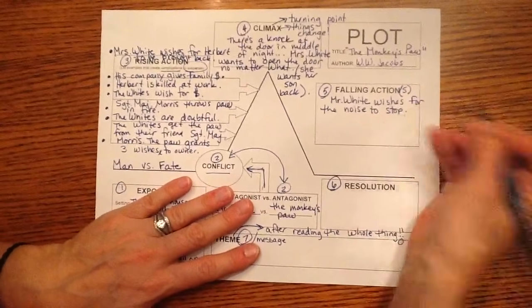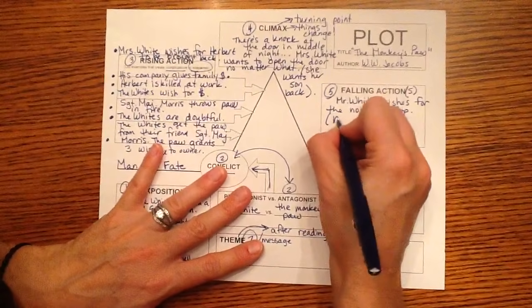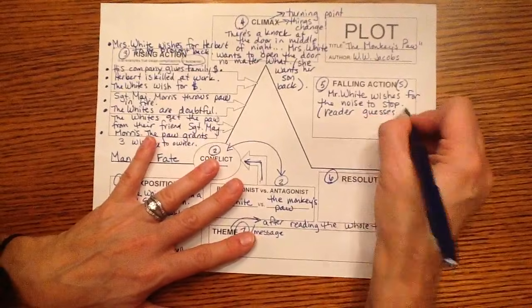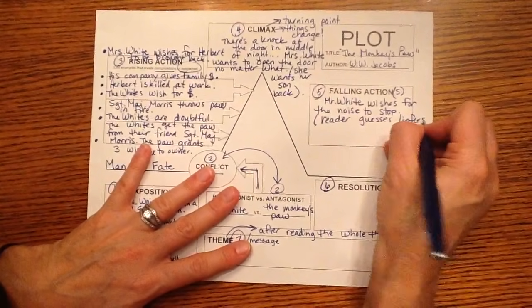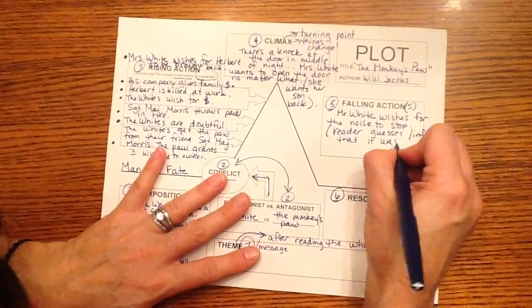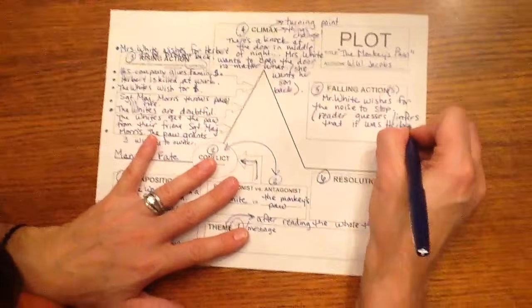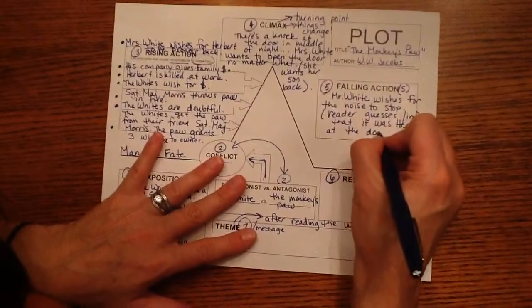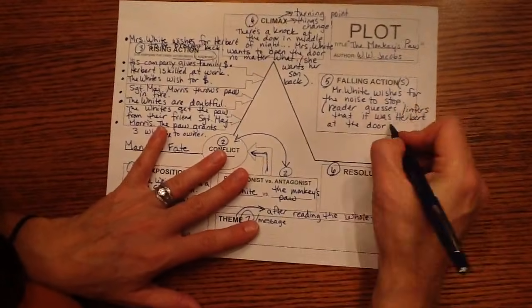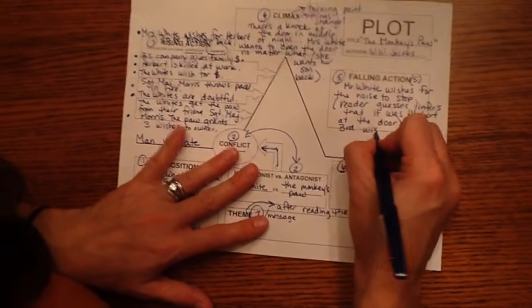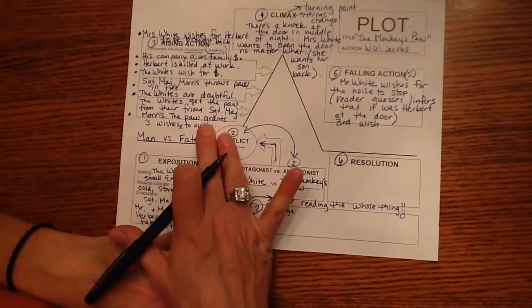And so at this point, the reader kind of guesses or infers that it was Herbert knocking at the door, back from the dead. At least that's how I read it. Herbert at the door.